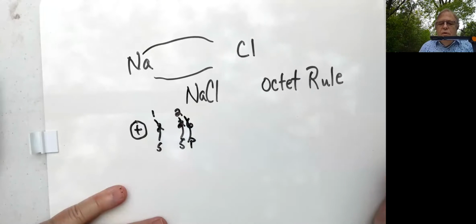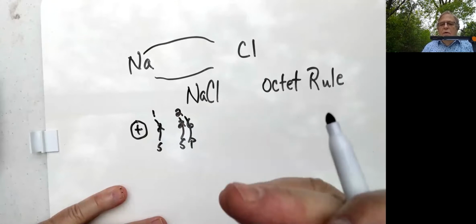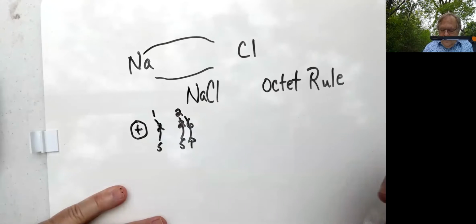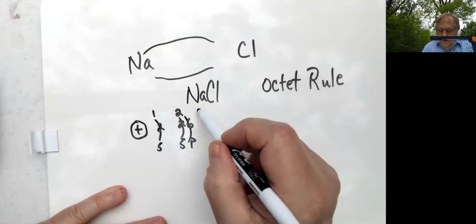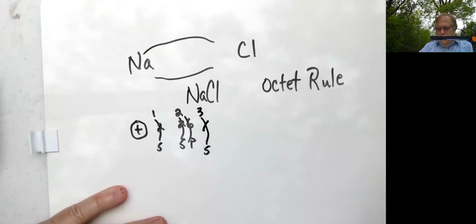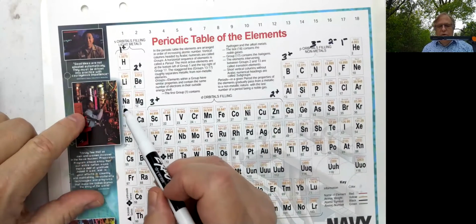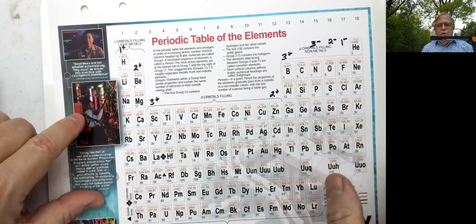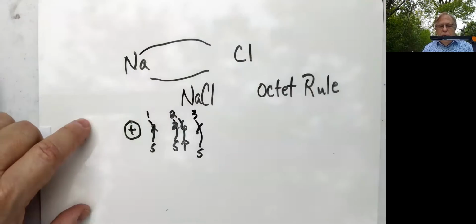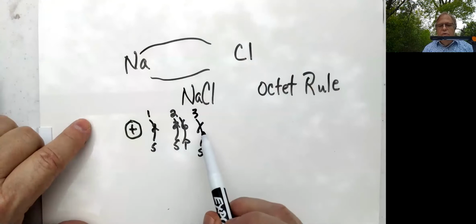And you won't have to do this with every atom. This is just showing you why atoms end up with charges on them. And so here comes 3s. And this, of course, is where sodium runs out of electrons. It has 11 electrons. If you count those electrons, you'll see that there's 8 here, 9, 10, and then there's 11.